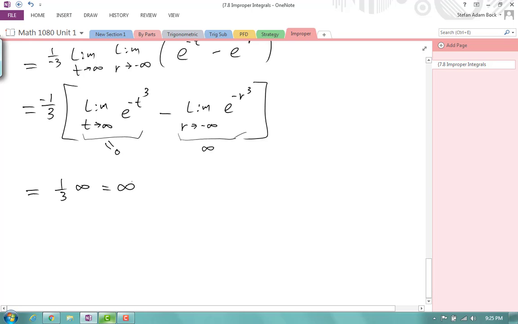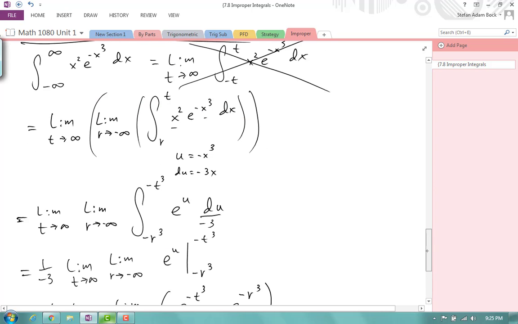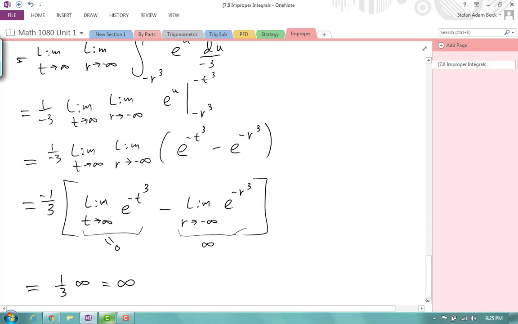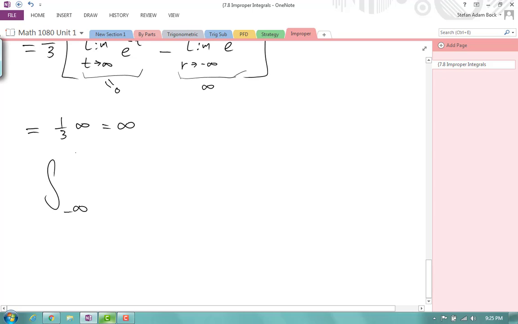This is not a number, so this integral, what is this guy? X squared. So the integral from negative infinity to infinity of x squared e to the negative x cubed dx diverges because that limit was infinity.